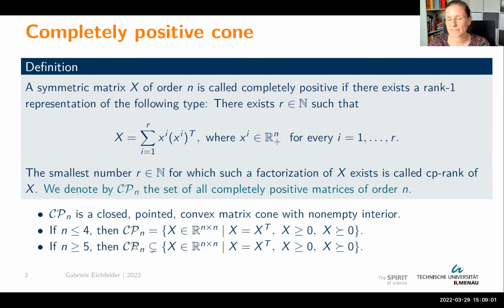And then working with this cone is in fact pretty hard. It's already hard to check whether an arbitrary matrix is an element of this cone of completely positive matrices. But what you can do, for instance, so you have later on an optimization problem where this cone defines your feasible set, among others. You can go over to this larger cone here, then you make the feasible set of your optimization problem larger, and then when you solve your problem, you get, of course, a lower bound.